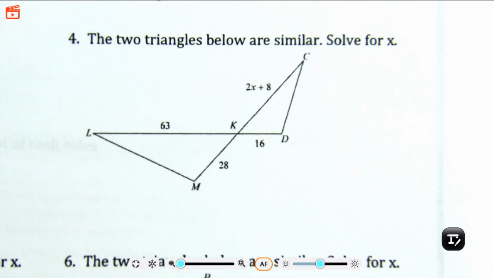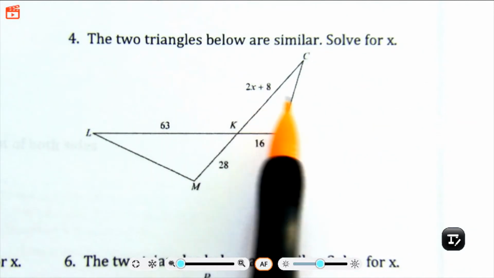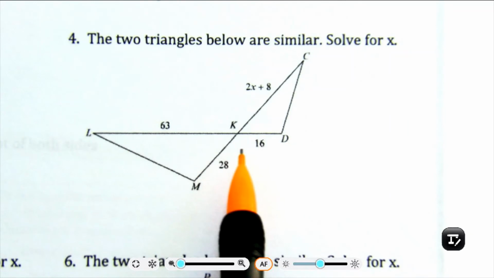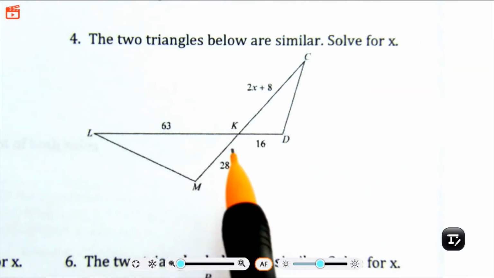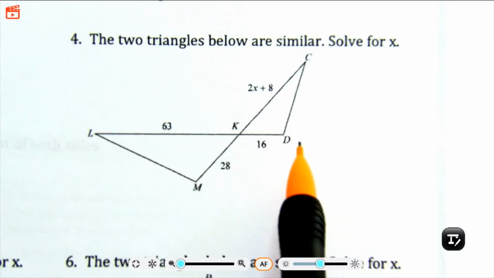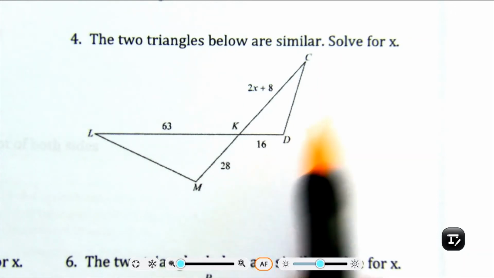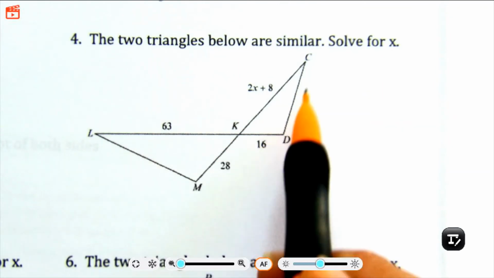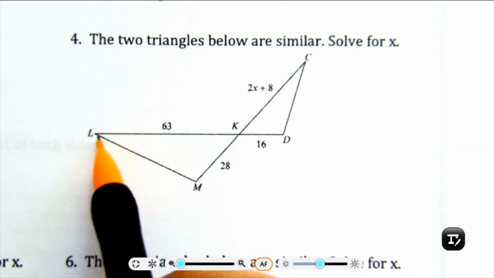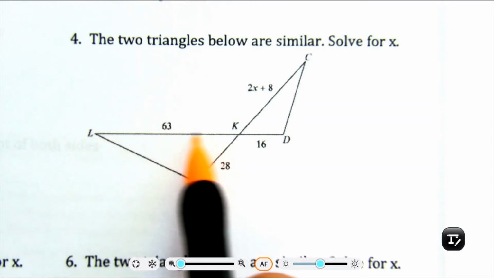Okay, so here are my two triangles. We already know these triangles are similar. How do we create our proportion? We could set it up as, this is the big triangle, this is the small triangle. This straight side of the big triangle goes with this straight side of the small triangle.